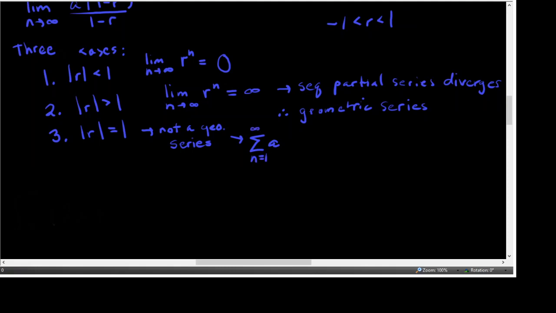And times 1 is it again. So this would be that first term times 1 plus that term again, plus that again. So this is not acting like a geometric series. Because if you continually add something to itself, it's just going to grow towards positive infinity, or if a is negative, go unbounded towards negative infinity. And so in this case, this series would diverge.